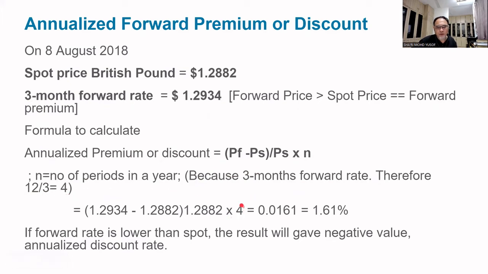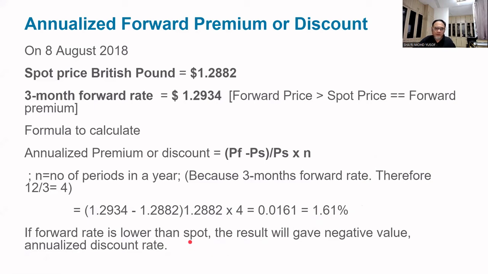So 1.2934 minus 1.2882, divided by 1.2882, times 4, gives 1.61%. The result is positive, so it gives us a forward premium. If it were negative, it would give us an annualized discount rate.